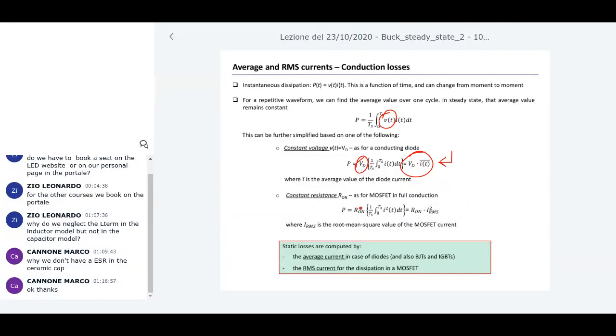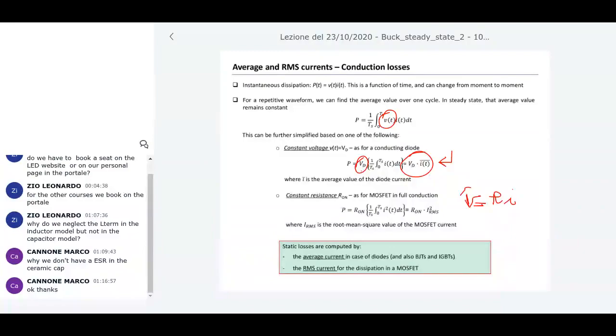In a situation in which you have a MOSFET with an on resistance when it is on, in the integral of voltage multiplied by current, the voltage is simply given by Ohm's law.